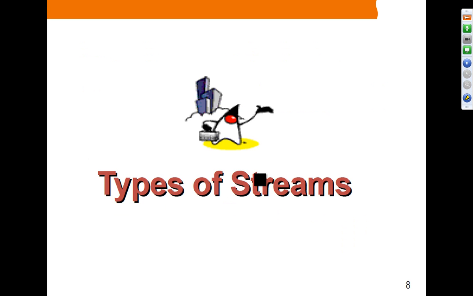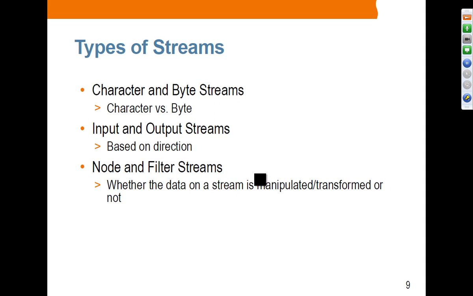So let's talk about types of streams. There are three different categories that you can use. First, it could be a character stream or a byte stream. It represents either characters or bytes as the type of the data that is being transported. Or it could be based on direction, of course: it could be an input stream or an output stream.